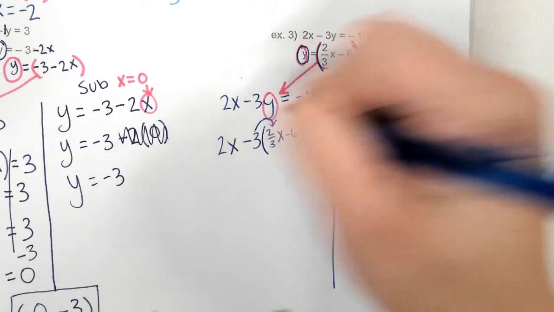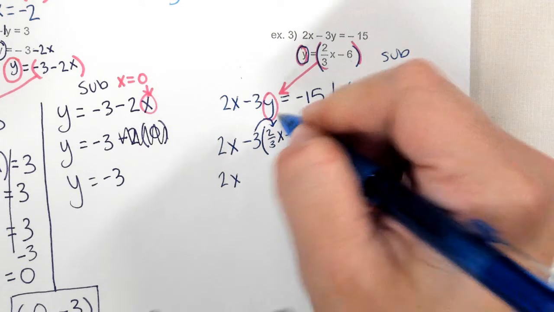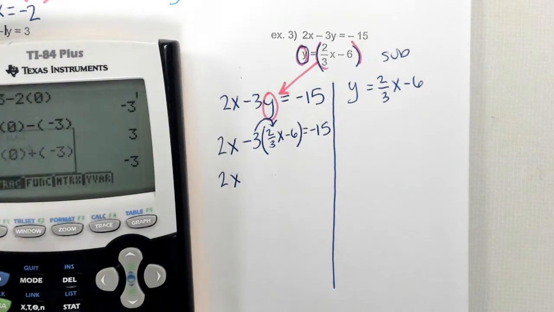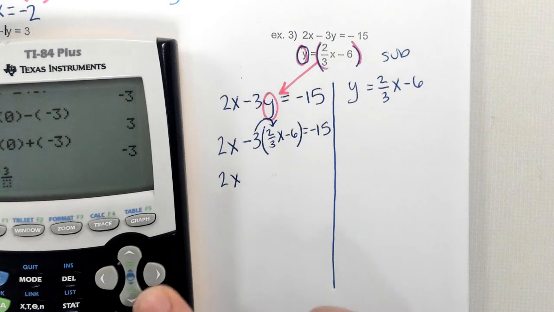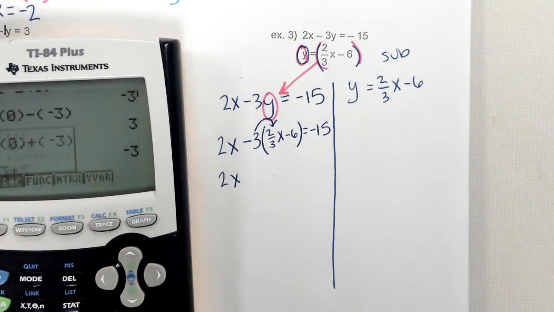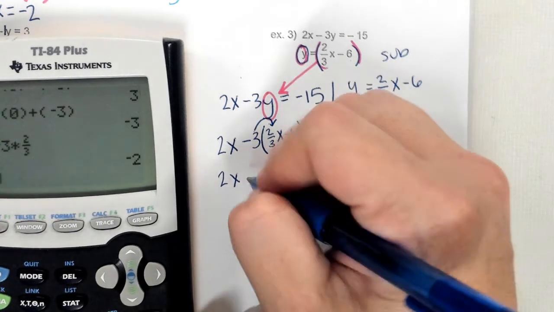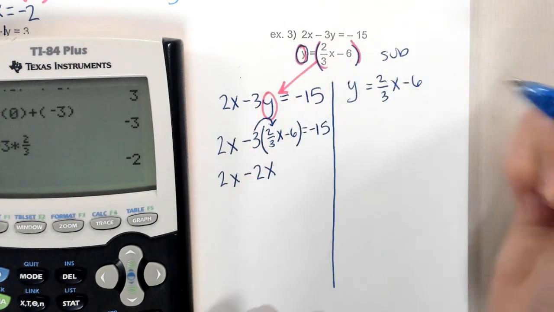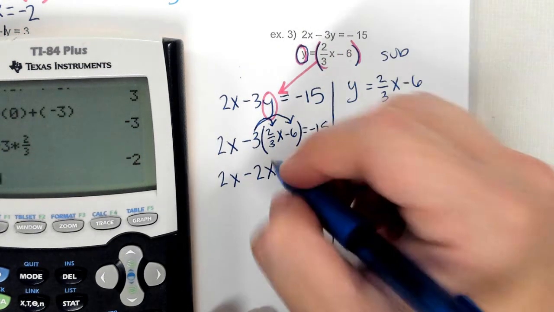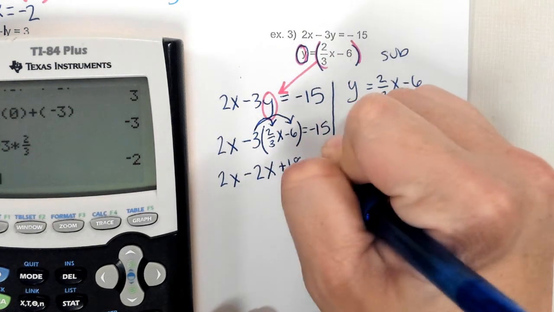Negative 3. So I have 2x and now negative 3 times 2/3. If you need to use your calculator, use your calculator. Gives me negative 2x. And then what's negative 3 times negative 6? 18. Positive 18 equals negative 15.